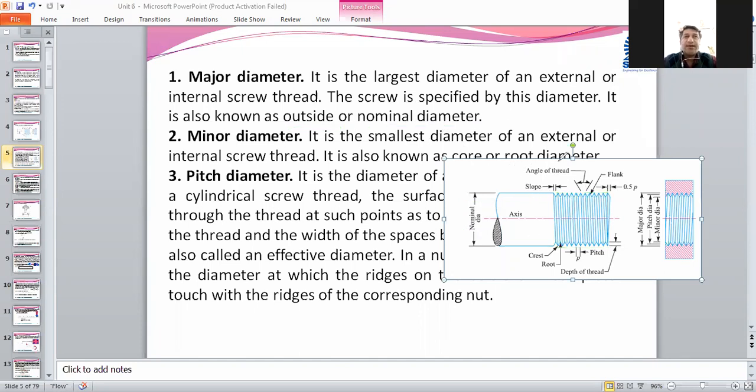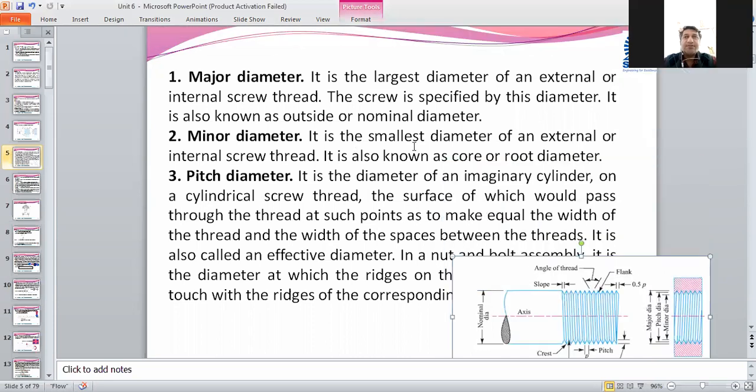And next is the minor diameter. It is the smallest diameter of external or internal screw threads, also known as the core or root diameter.